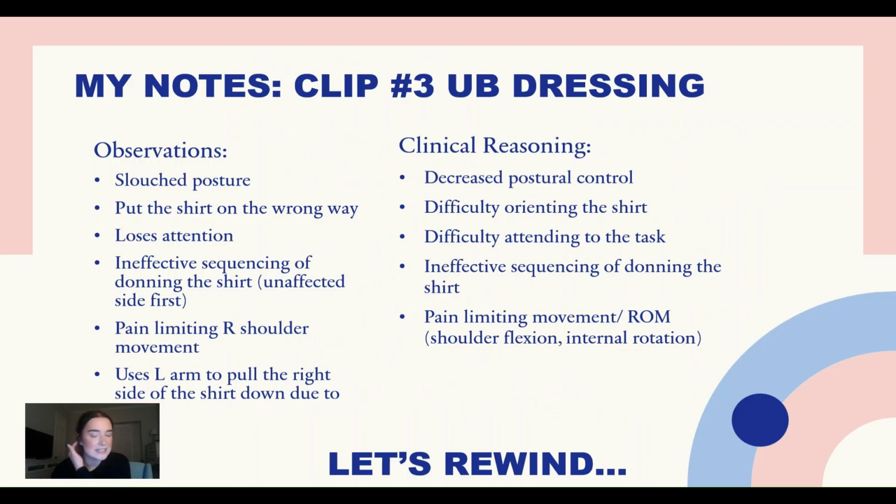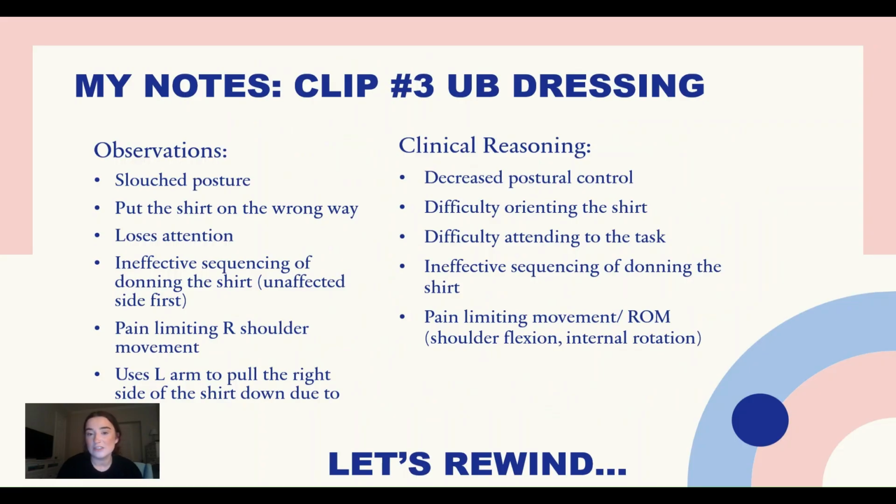So, my clinical reasoning: it appears she might have some decreased postural control, difficulty orienting the shirt. She would need cues to orient the shirt correctly. Maybe you could come up with some intervention ideas to help her remember, maybe some visual aids. Difficulty attending to the task, so she would probably need cueing to stay on task for different activities.